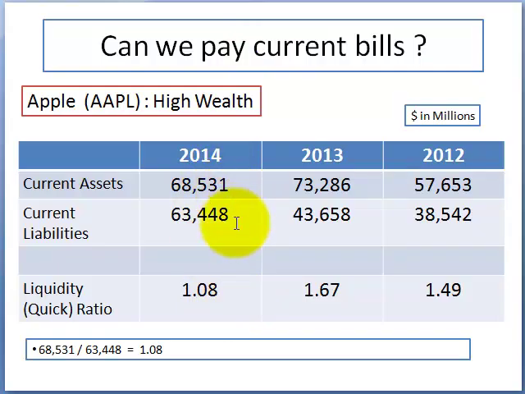We just take this number divided by this, and we want this number to be larger than 1. In simple terms, we want to have more money in our wallet than what we owe. It'd be nice if it was up around 1.5 or 2. I'm not too worried about Apple because they've got $13 billion in cash, and they can certainly convert things relatively quickly. So that tells us, by looking at our current assets compared to our current liabilities, what kind of shape we are in to pay our current bills.